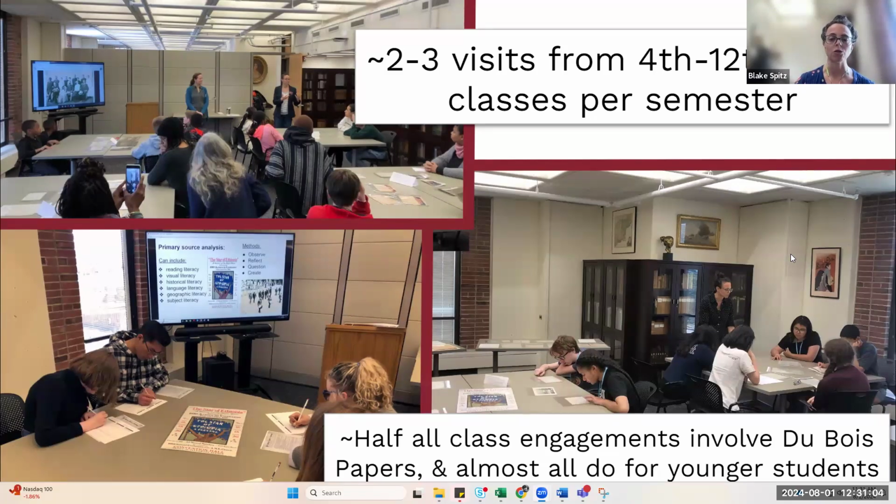This is partly because many of the younger student visits are organized through a different department in our library, the Du Bois Center, whose real mission is to disseminate Du Bois's legacy, get out in the community, and have lots of community engagement. They also partner with these younger students, bring them to campus to come to their center, to do other things on campus, and often to come and see the papers themselves in our repository.